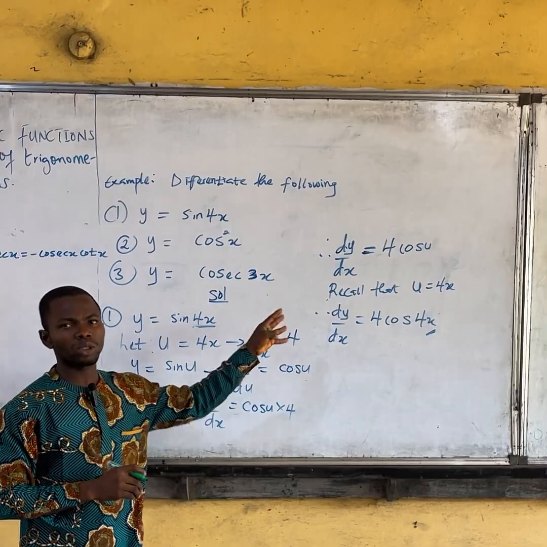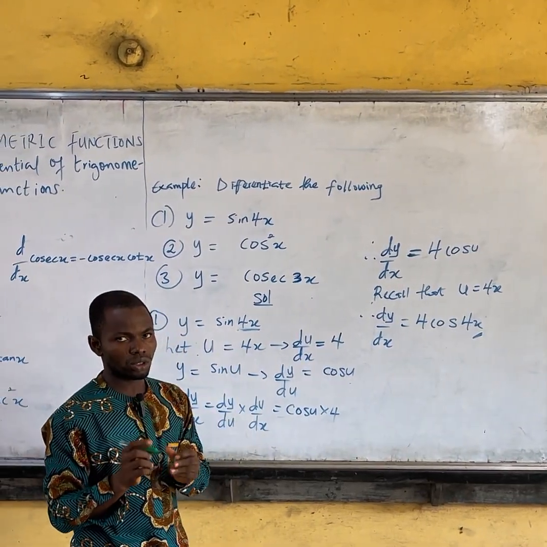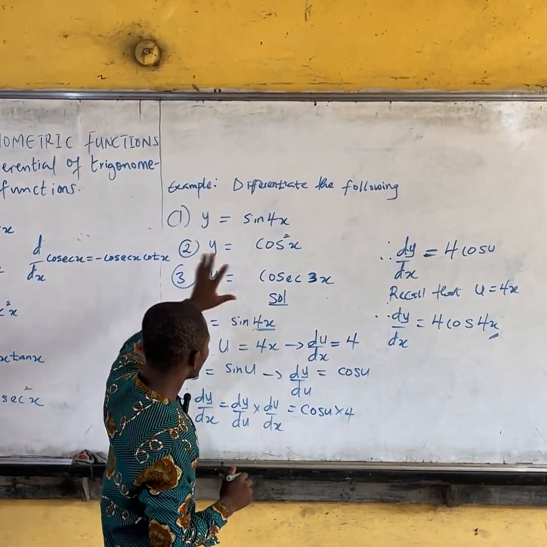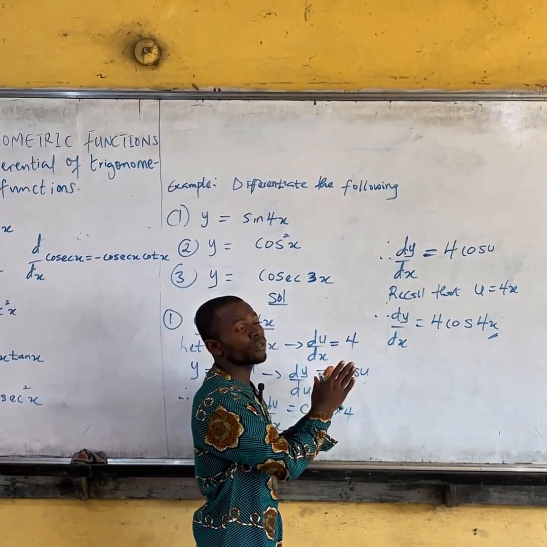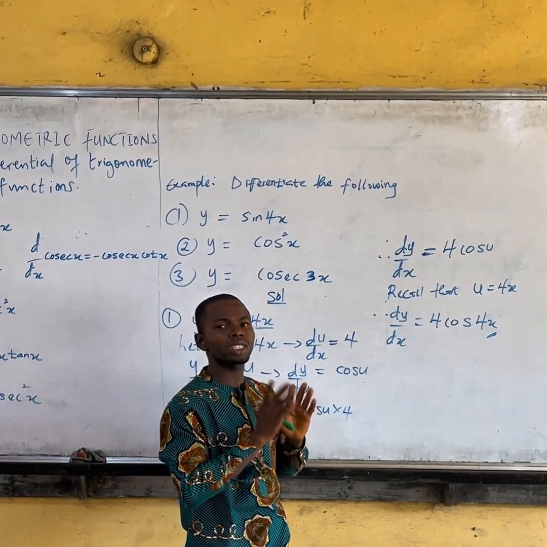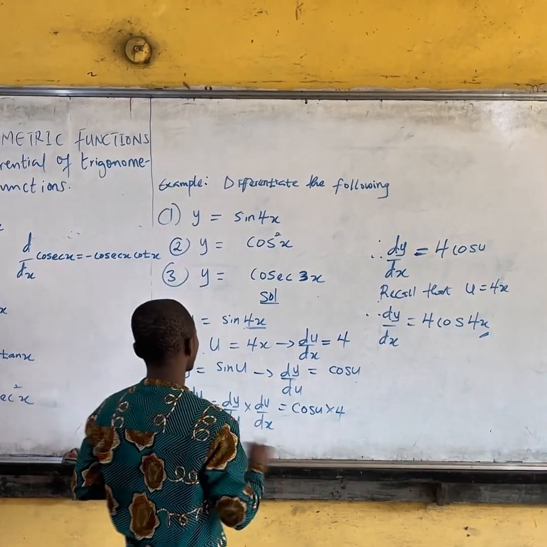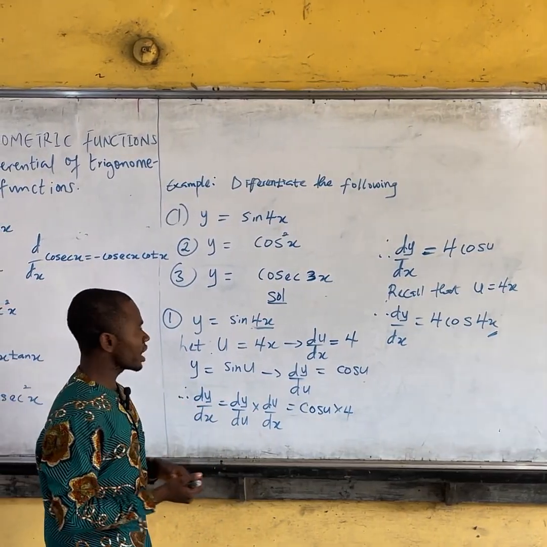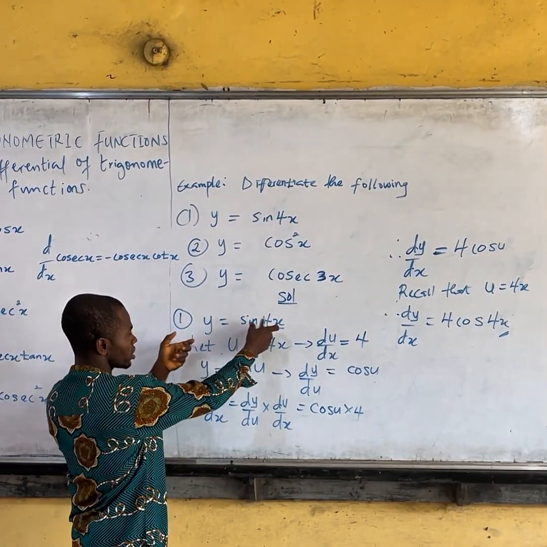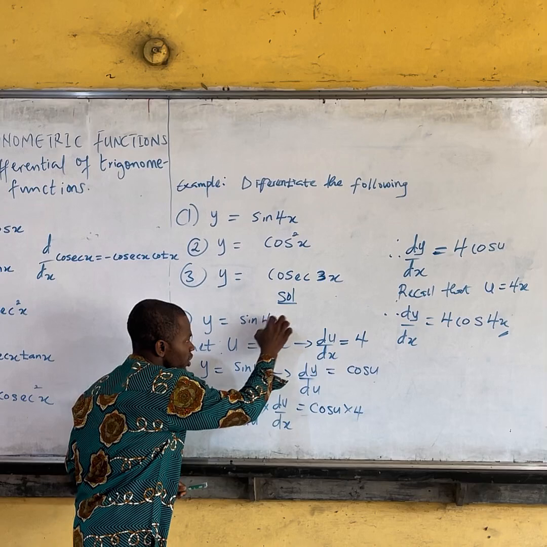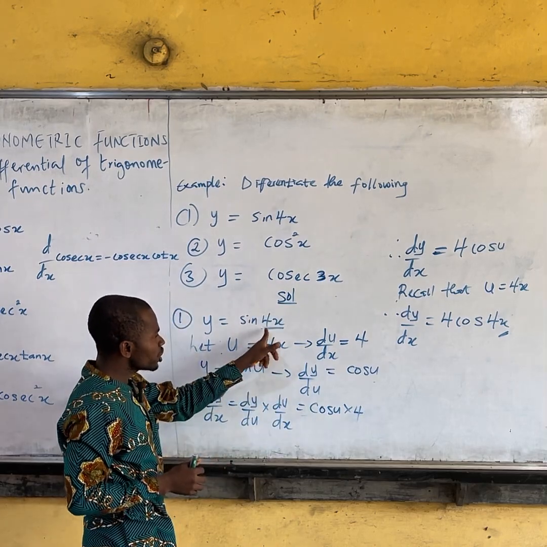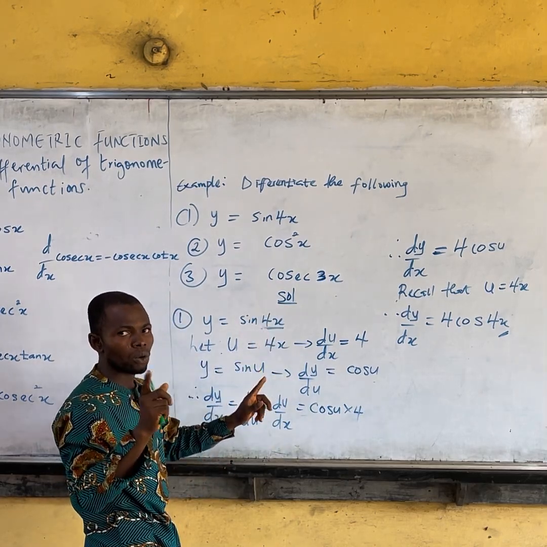This is the standard method, but you can also use a shortcut. Instead of going through all this process, this is the standard method for solving theory. But if you are dealing with CBT or objective questions, you can get your answer within a few seconds. Just look at the question. Just differentiate the one that is composed. If you differentiate 4x, it will give you 4.